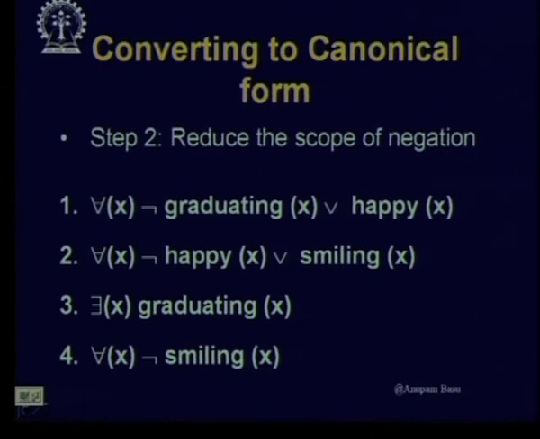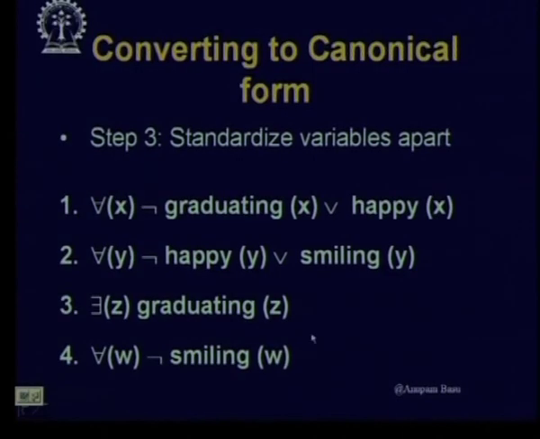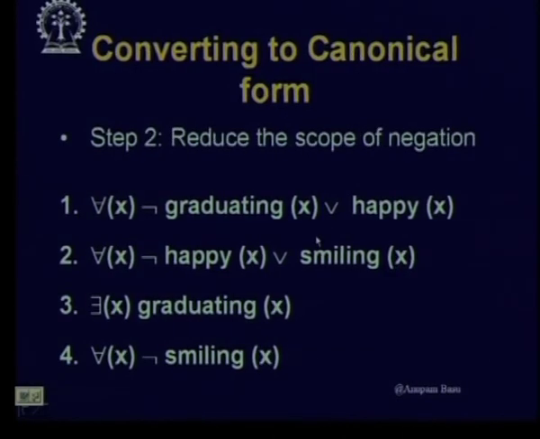The next thing that we need to do is we have to standardize the variables apart. It is possible that the same variable might have been used at different points. For example, here, graduating x, happy x, here again not happy x, smiling x, all those things.